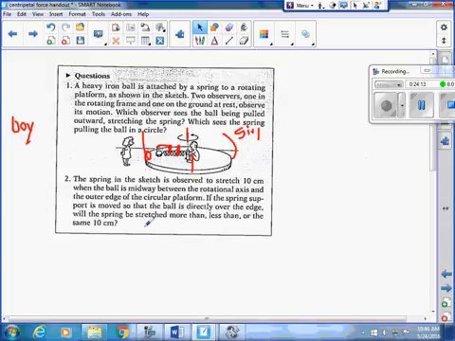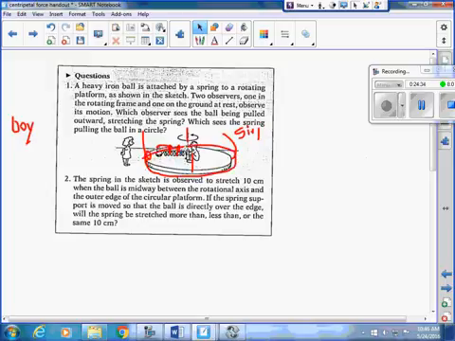Why more, Mitch? This feels right. When you've been on a merry-go-round, where do you move the fastest? On the outside? Let's say the whole thing takes 2 seconds to go all the way around. If I take 2 seconds to go all the way around there, I've traveled the circumference of it.